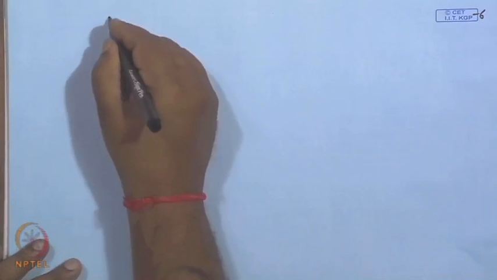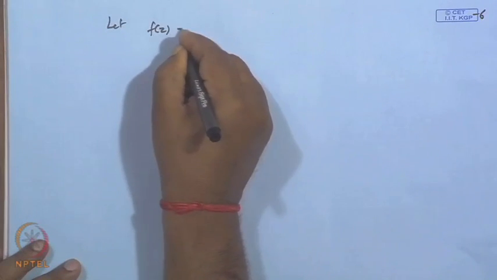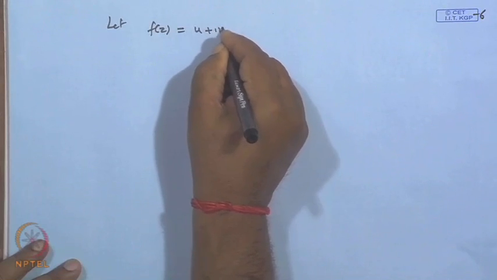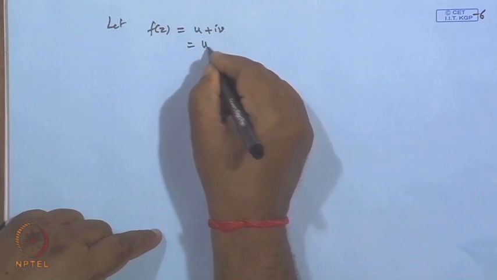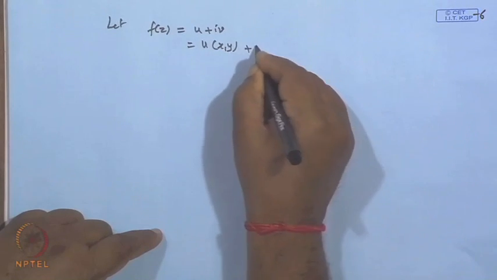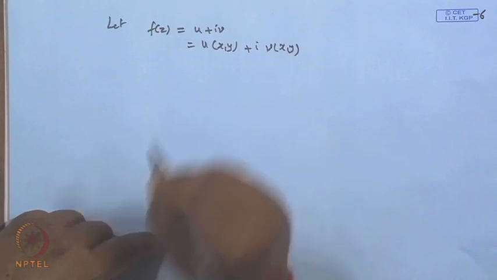Let us suppose f(z) is u plus i v. Well, basically u is a function of x, y, and v is also a function of x, y.